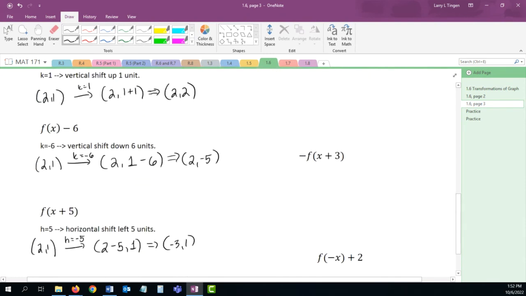Let me be super clear here. This is f of x minus -5, and that is h right there. That's why it happens. It looks backwards on the inside because it's supposed to be subtraction on the inside.